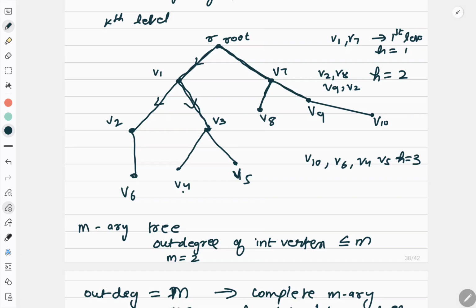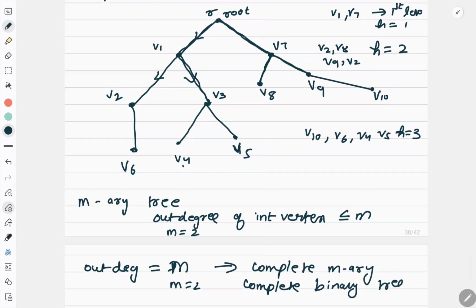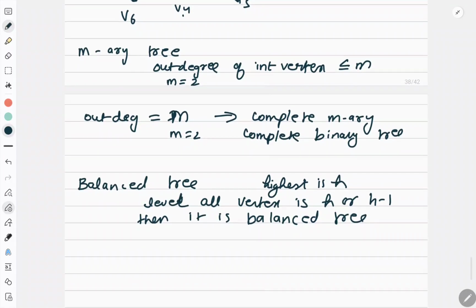Correct? Let me give you a simple example for this. And when I say binary tree, if every vertex is of degree less than or equal to 2, that way also I can say every vertex has 2 children. Anyways, that I'll explain to you. Now here I have told you what exactly a balanced tree is.